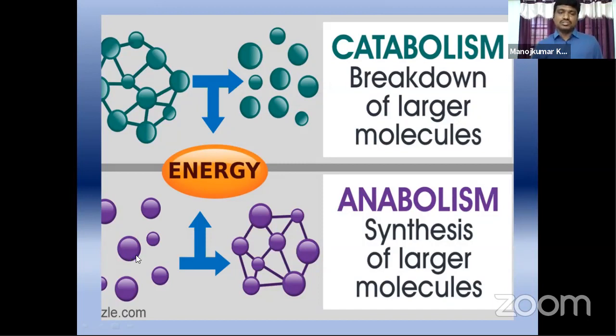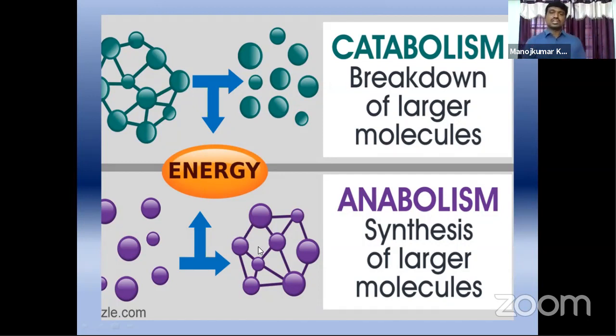From simple to complex, from smaller to bigger molecules are formed. This process is called anabolism or anabolic process. For this process, energy is required. So it is described as a constructive process.